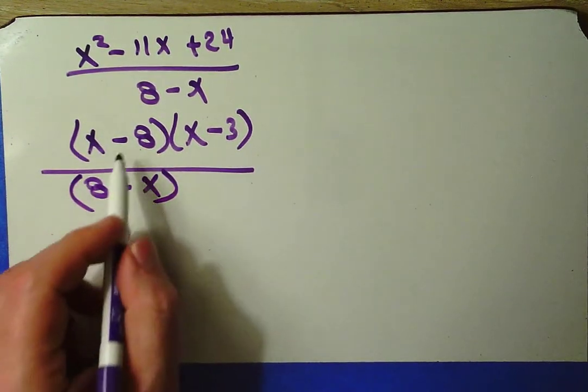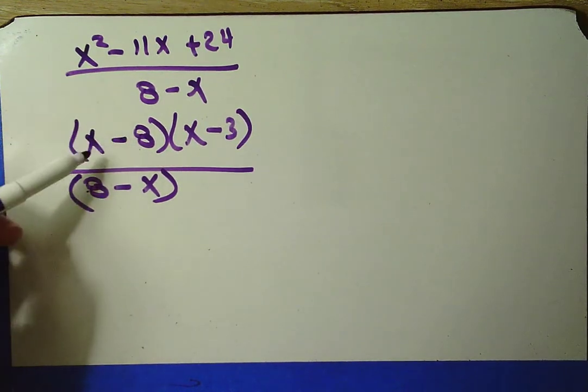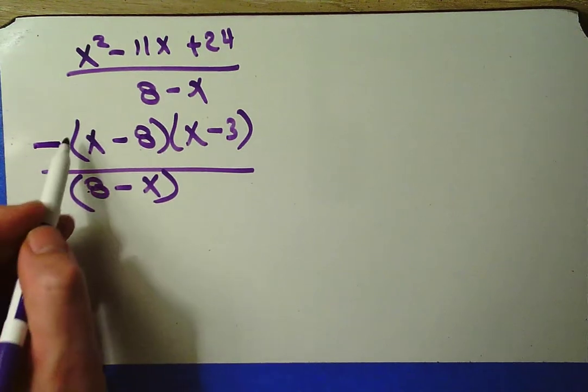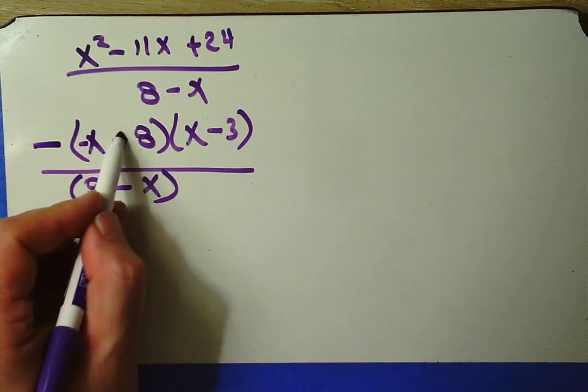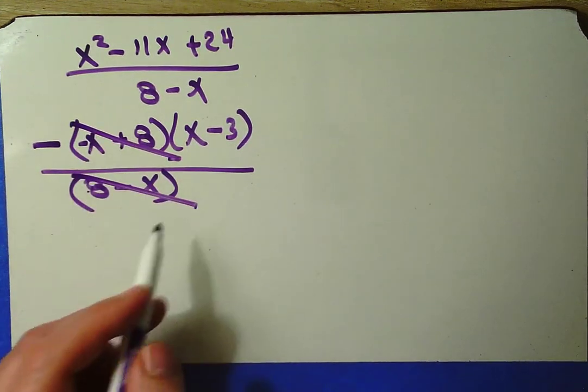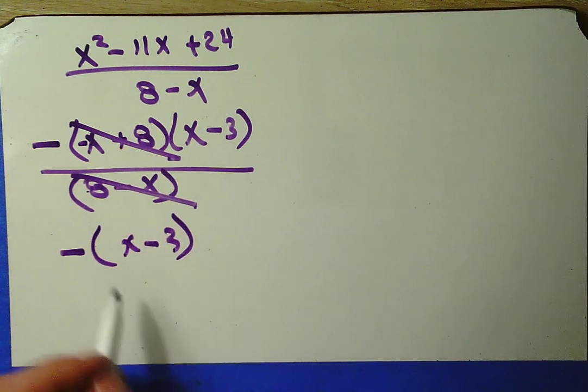Ooh, look! These are almost the same, but they're opposites. Negative 8, positive x, negative x. So if I factor out a negative from each of these, that flips these signs. And then I can cancel this factor with this factor. So I've got negative (x minus 3) left over.